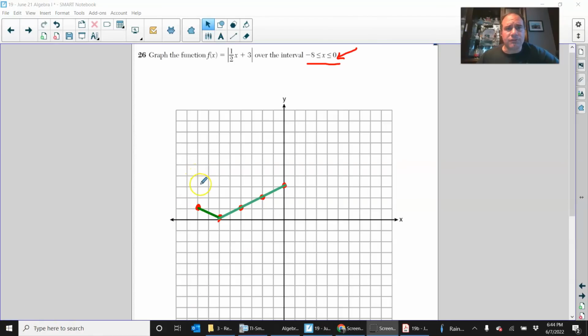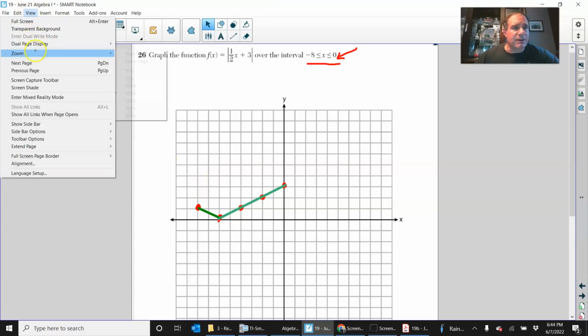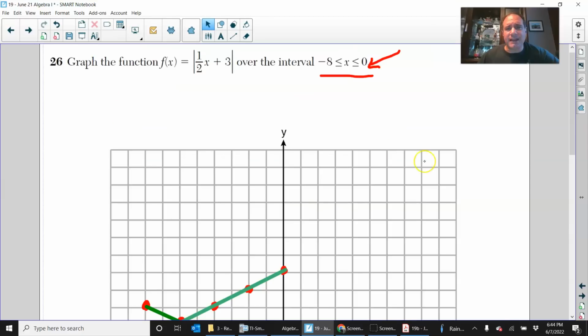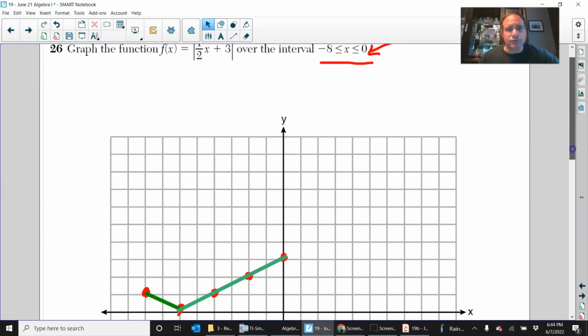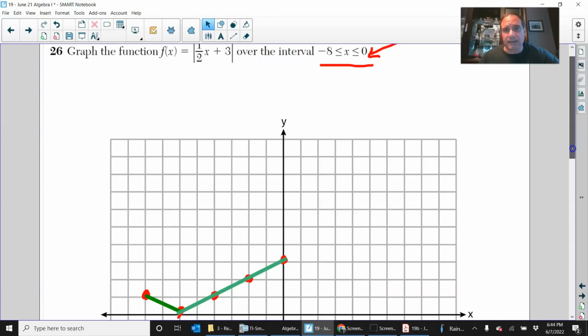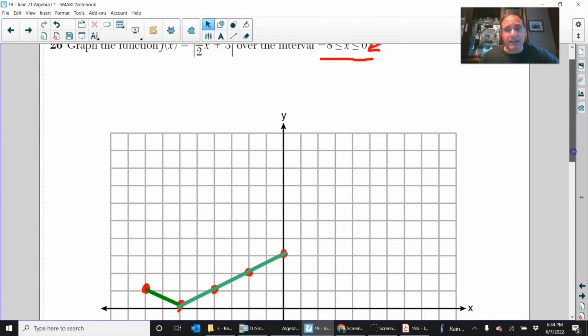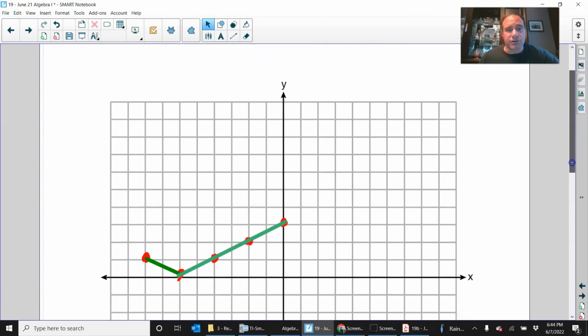And that's all I'm going to graph, because this is called a piecewise function. Remember, a piecewise function only wants a piece of that graph. So that's what I'm graphing, just from negative 8 to 0, and including that, right? And that's why they are closed circles.